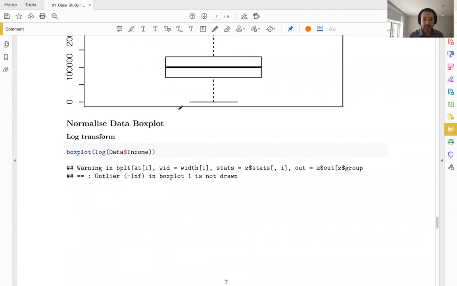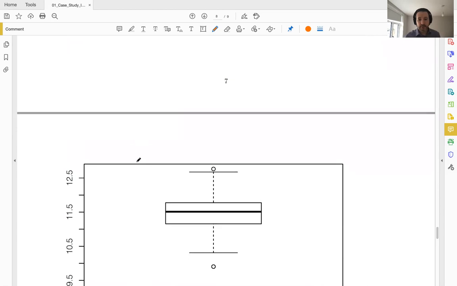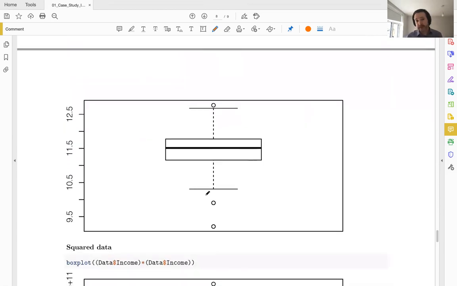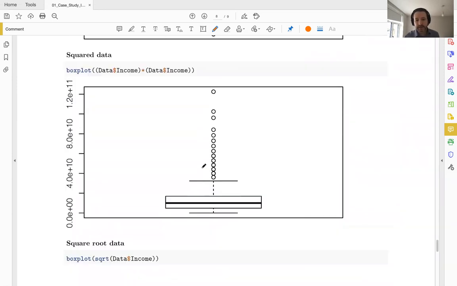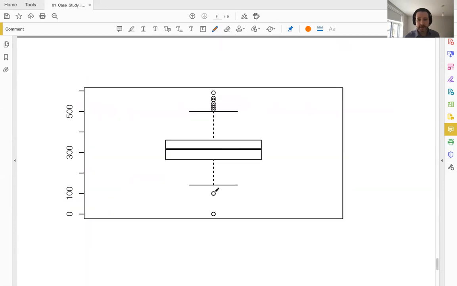Looking at the normalized data as we did there, taking the log transform, it looks okay. And that's why you have to look at both the histogram and the box plots. With the square data, you see these outliers, but the square root data looks okay here. And as we saw with the histogram, it was actually quite nice and normal.